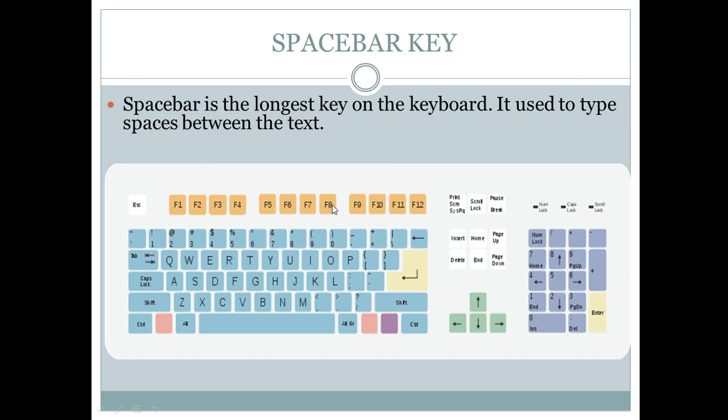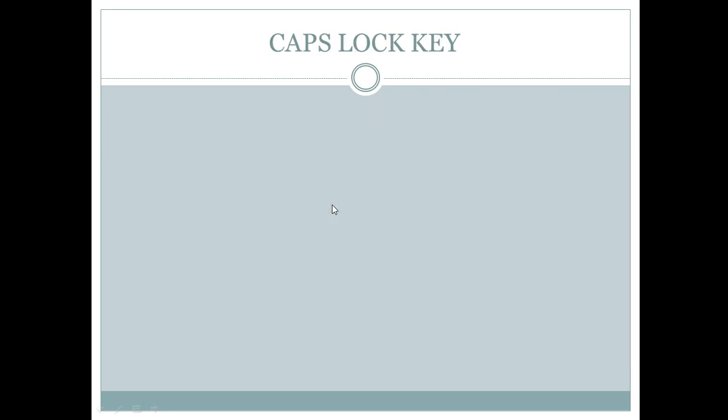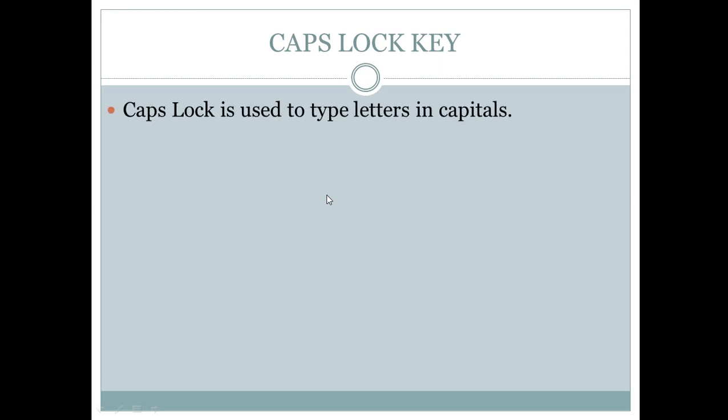Next is the caps lock key. The caps lock key is used for typing letters in capital. As I have shown you, if we directly press any alphabet key from the keyboard, all the letters will be typed in small.